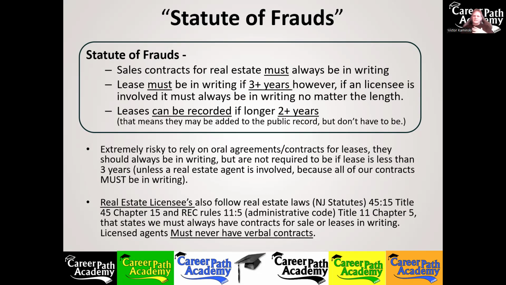Now, that's what contract law says. However, real estate licensees, we also follow the real estate laws and the rules of the Real Estate Commission. And they say if a licensee is involved, we must always get the contract in writing, no matter the length. It could be for a month, the lease.